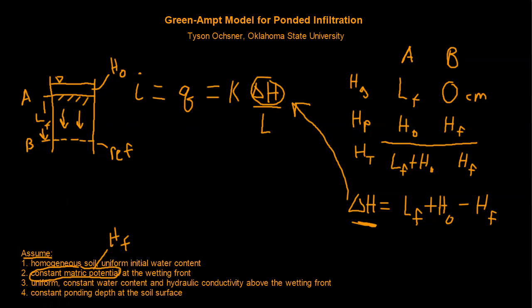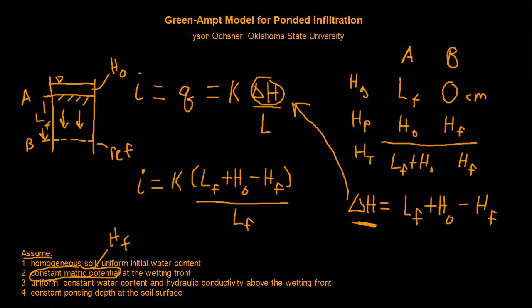So our infiltration rate in this Green Ampt model, I'll use i for infiltration rate, is the hydraulic conductivity of the wetted portion of the soil, K, multiplying L_F plus H0 minus H_F, whole thing divided by the thickness of the layer we're considering, which again is L_F.